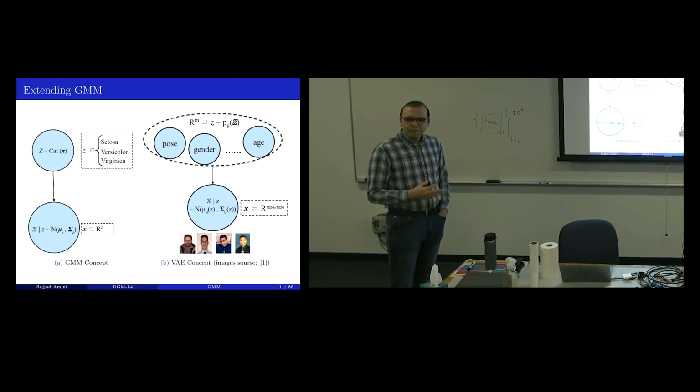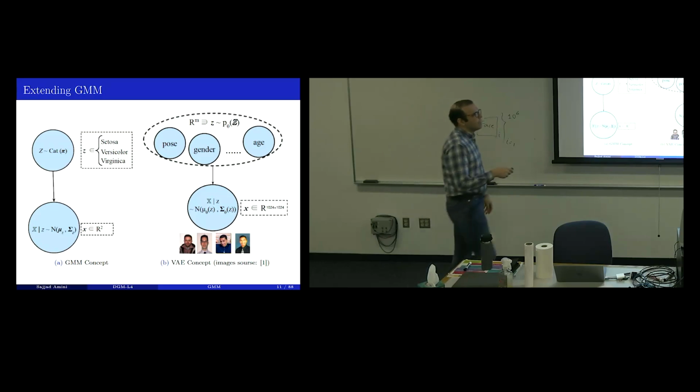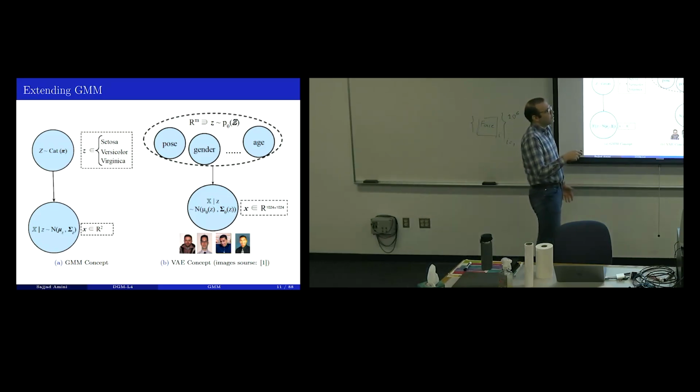But this is just a background, a backbone for the variational autoencoder, and it is not clear how we can design Z such that the first element corresponds to pose. But the most important point is none of them are categorical anymore. They are continuous random variables. They are coming from a Gaussian distribution.